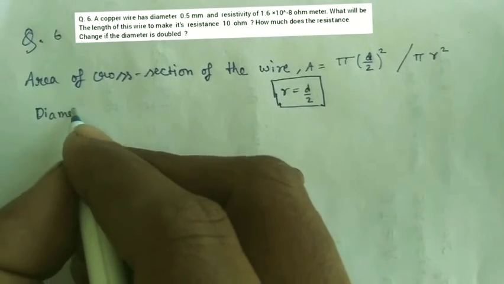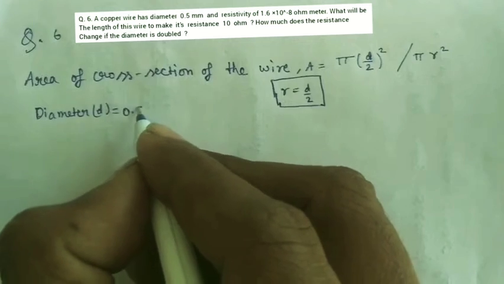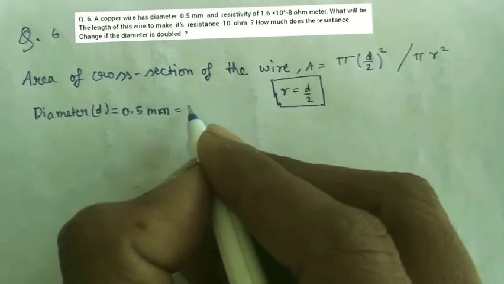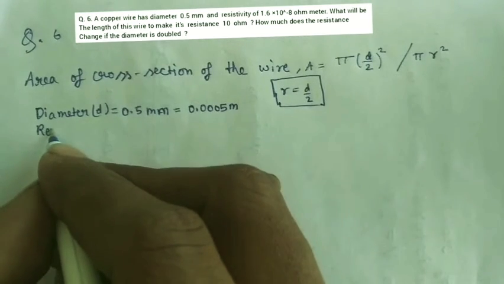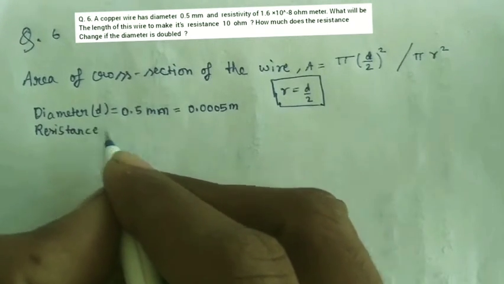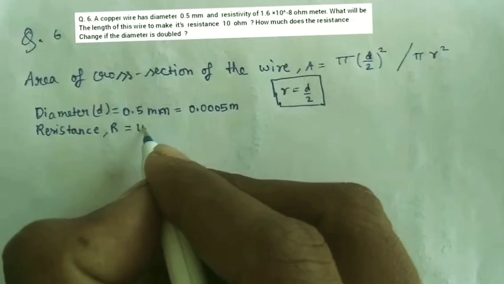Diameter d is equal to 0.5 mm is equal to 0.0005 meter. Resistance R is equal to 10 ohm.